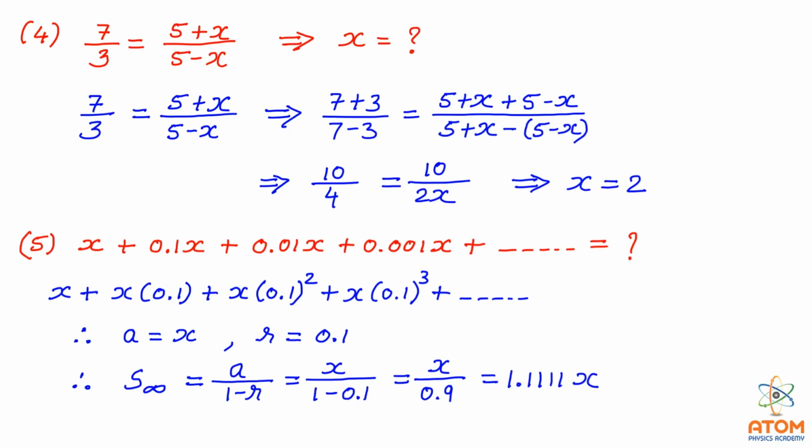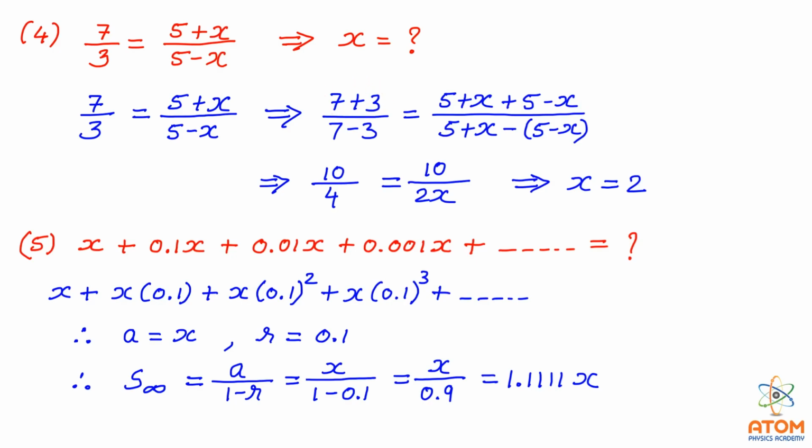Let us see. So in this equation I will take componendo in numerator and dividendo in denominator. So here this is 7, so I am taking 7 plus 3 divided by 7 minus 3. In the right side I am taking 5 plus x plus 5 minus x divided by 5 plus x minus 5 minus x.